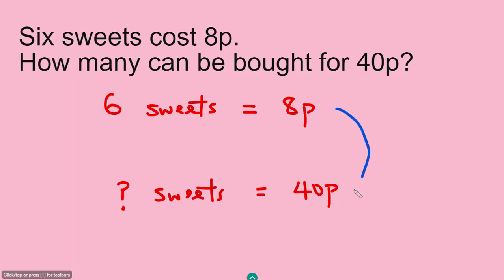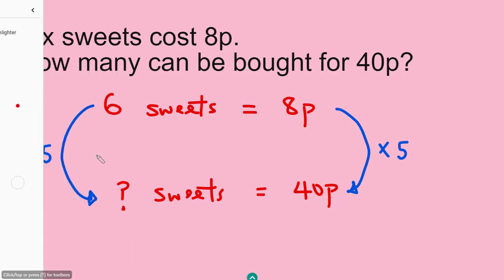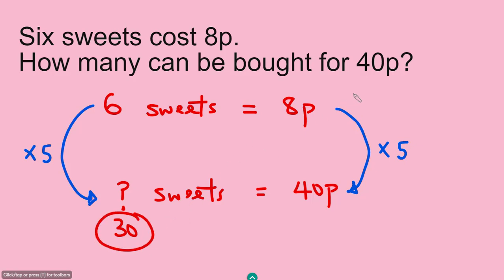I think so, by simply multiplying 8p times 5 with the same ratio. Whatever I do on the right, I do the same on the left. So if I multiply 6 and 5, I'm going to get 30. So that means I can buy 30 sweets for 40p.